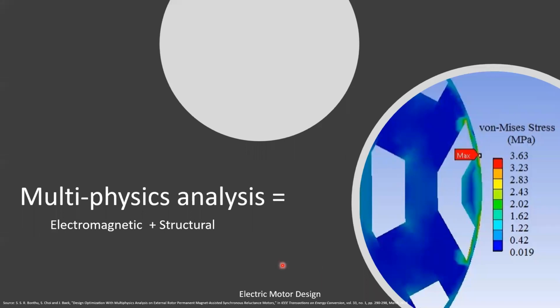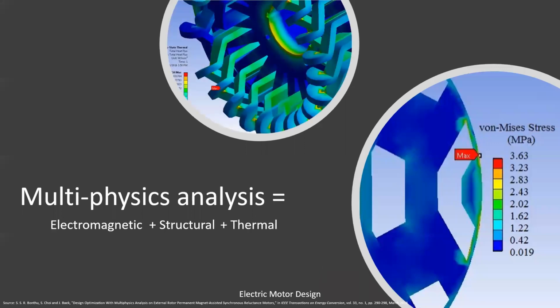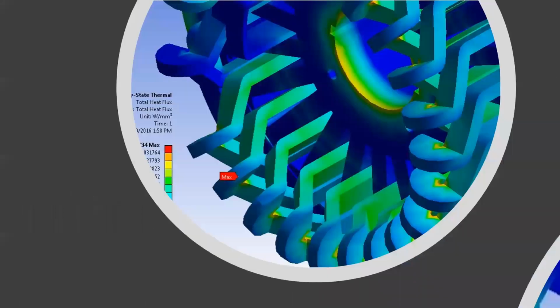I know other software has its own multiphysics components that can be used to do structural analysis. Once you have done structural analysis and you think your motor design is structurally stable, then you apply thermal analysis. You could see that the coils are the ones that have stator currents flowing through them, so they develop more heat, which then gets dissipated into the stator steel to the rotor.